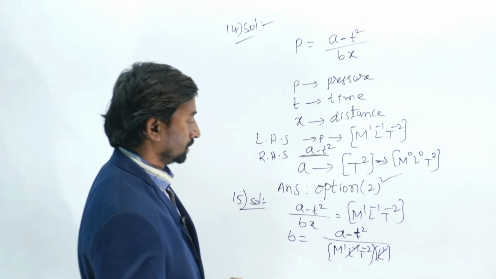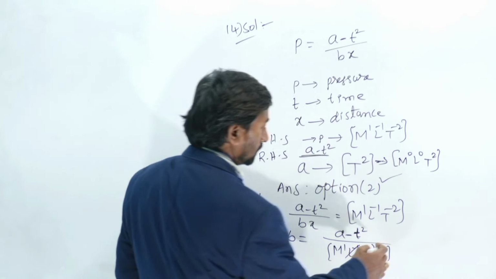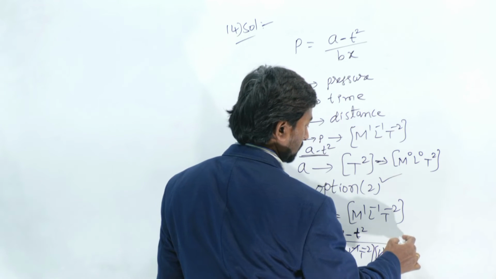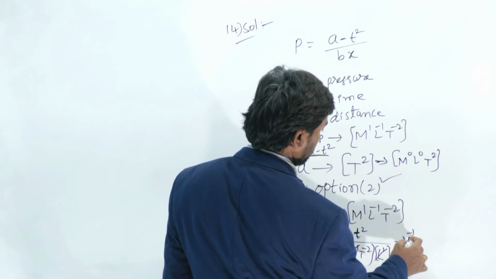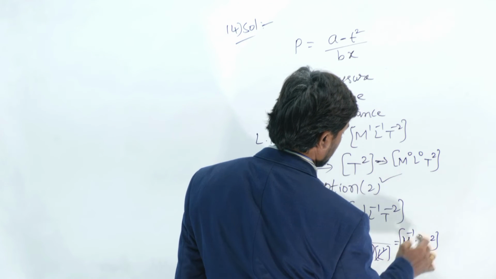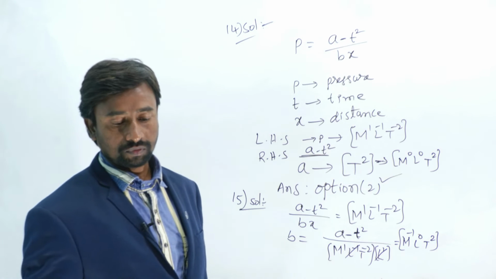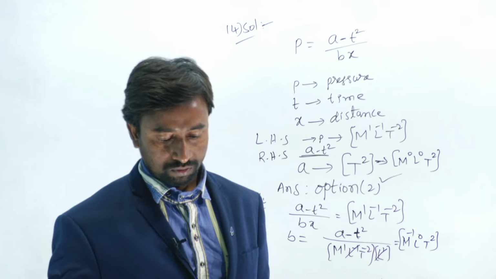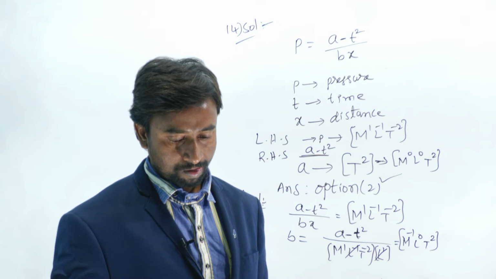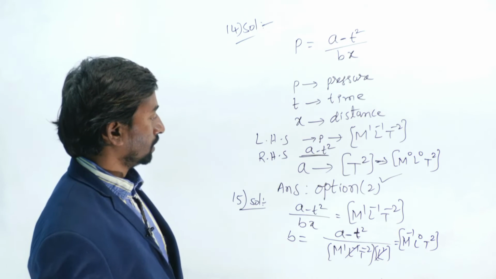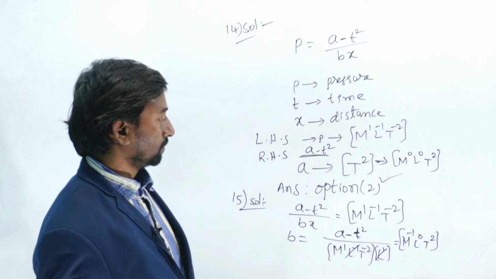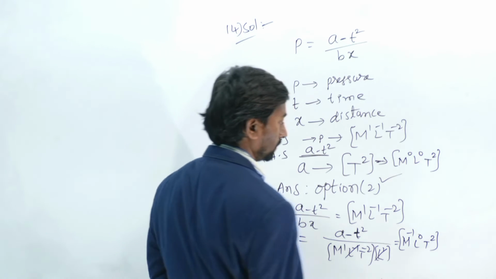If it is a constant, then all the terms can be taken to the numerator. So we can write M power minus 1, L power 0 and T power 2. Here T square is already there, so if you multiply, we will get T power 4.